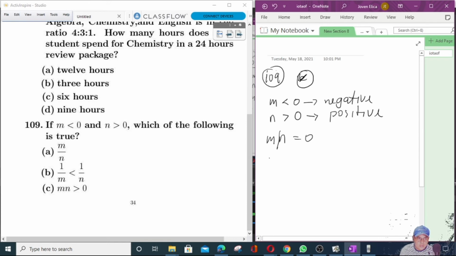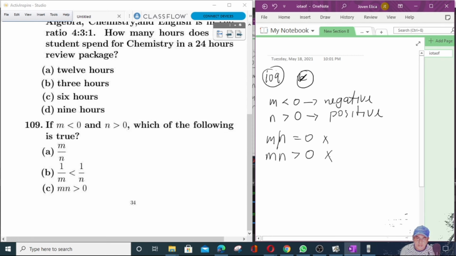Another one is, by inspection, m times n is greater than 0. This is also not true because if m is negative and n is positive in the original condition, this cannot be greater than 0. It should be less than 0.